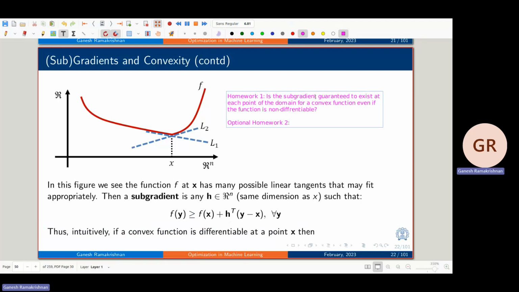The optional homework two is, how do we show that for a differentiable convex function, the only subgradient will be its gradient? Okay, the two homeworks. Think about it.